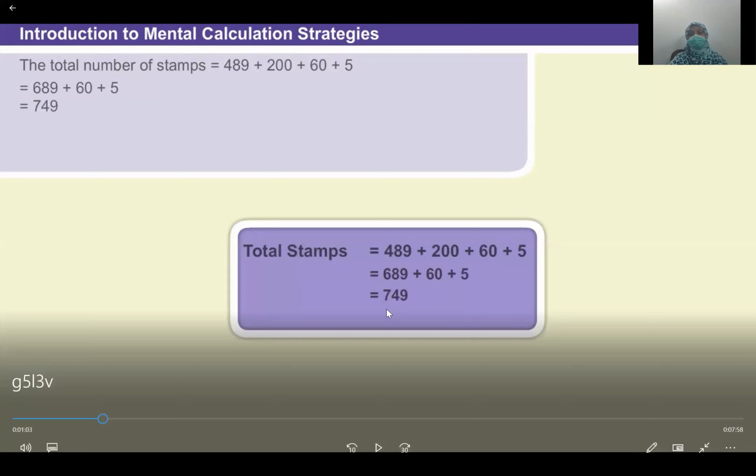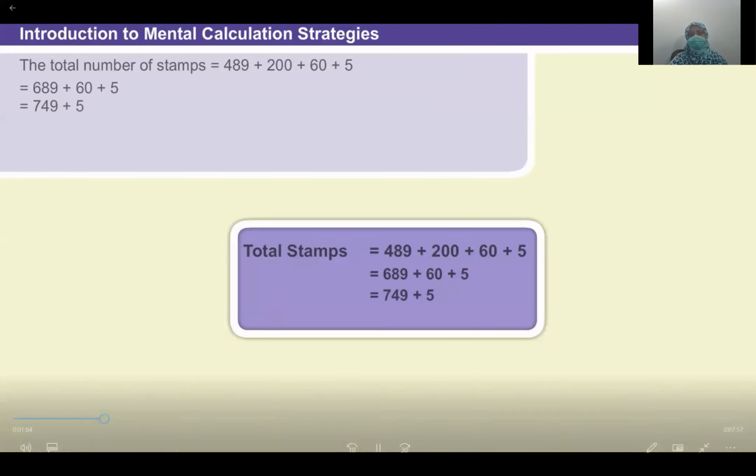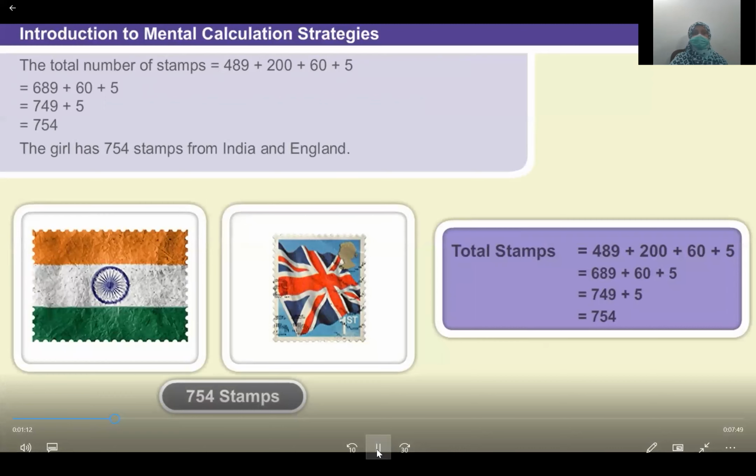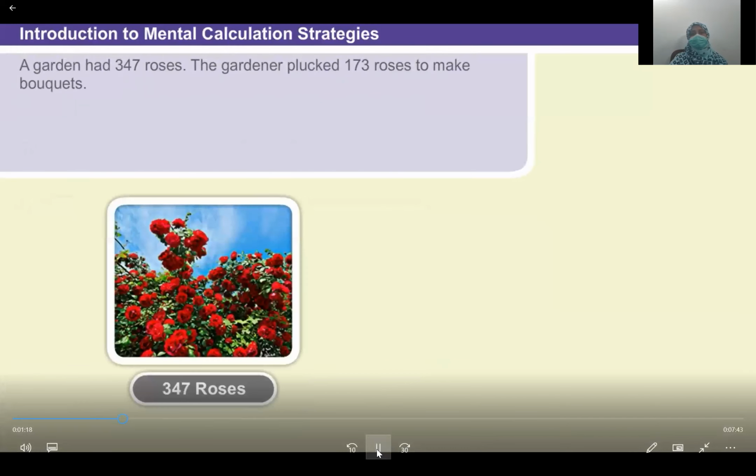You will be getting 689 plus 60, that is 749. Then you have to add this 5 to this number, then the total number of stamps will be 754. So to get the total number you will be adding. So the girl has 754 stamps from India and England.